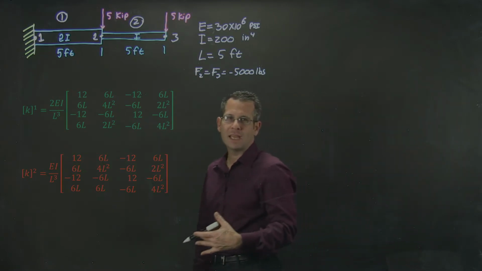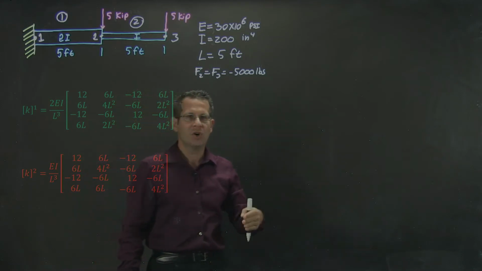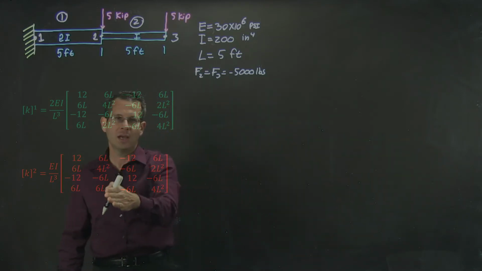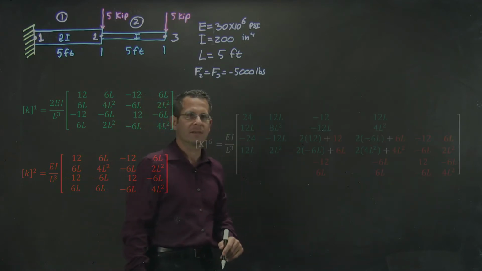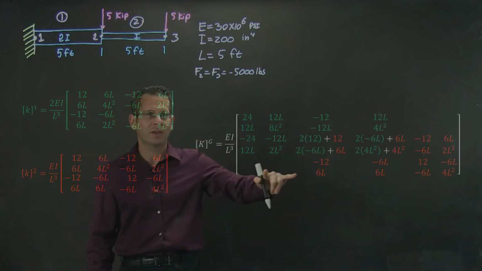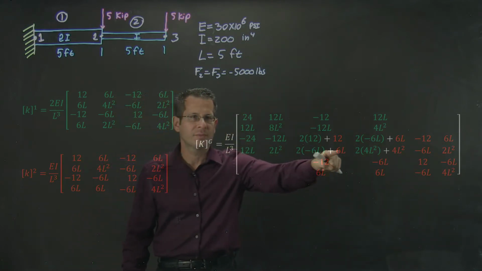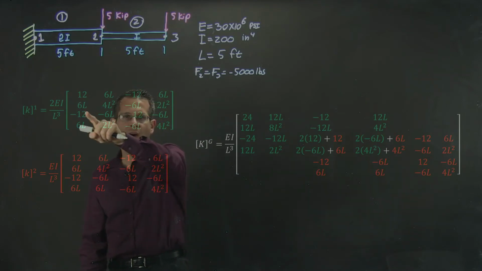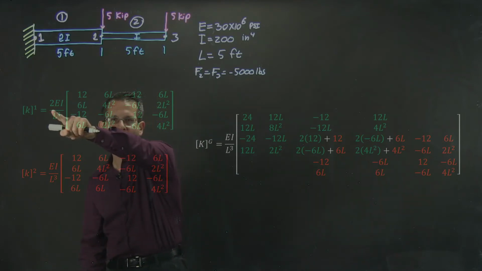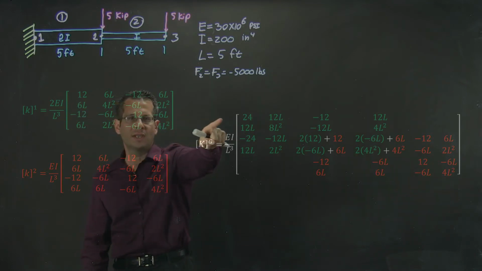I'm not going to do that here, but I will use this color coding to show you how these two local stiffness matrices form the global stiffness matrix. So here's my global stiffness matrix. Note that all of the terms from green came from this local stiffness matrix. Also note that I have a 2 out here, so this 12 times 2 becomes 24.